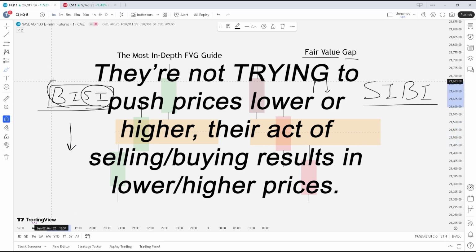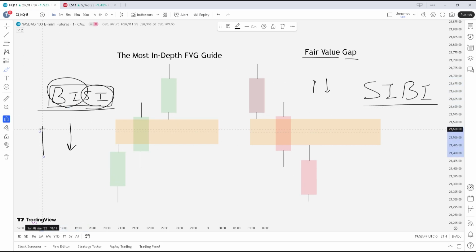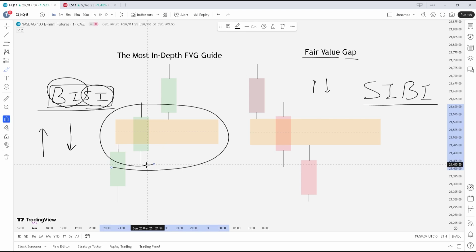And buy side imbalance means that the buyers, or the people that are trying to push the prices higher, have an imbalance relative to the sellers. So that creates a lot of pressure to push prices higher, because if the sellers were actually efficient, then all of this buying pressure would be mitigated by the sellers. But it's not. So there's a buy side imbalance, and this is what creates this fair value gap right here.